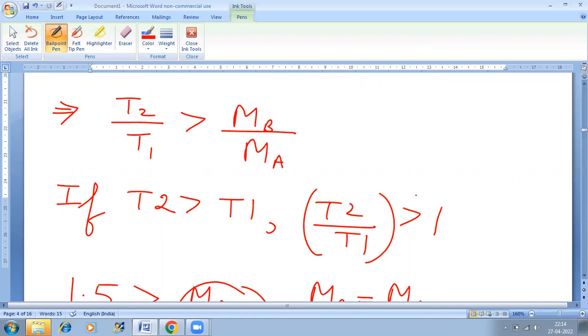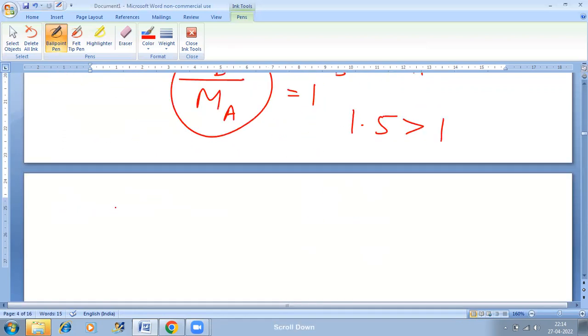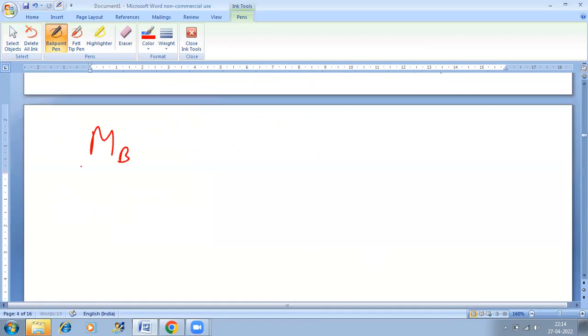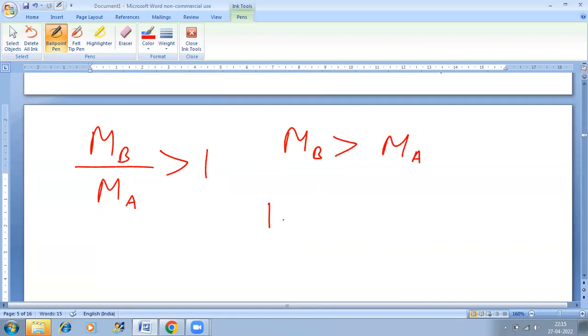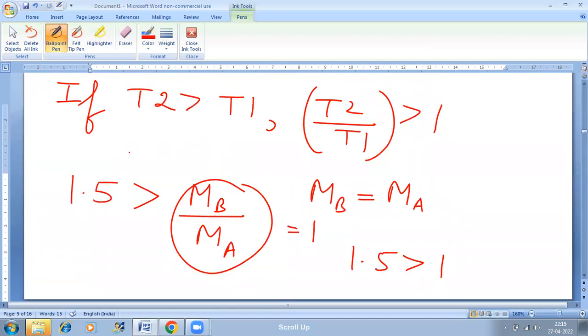What if MB is greater than MA? Now see, if MB is greater than MA, that means MB by MA is greater than 1. Right? Now the value could be 1.7. And T2 upon T1 was assumed to be 1.5.